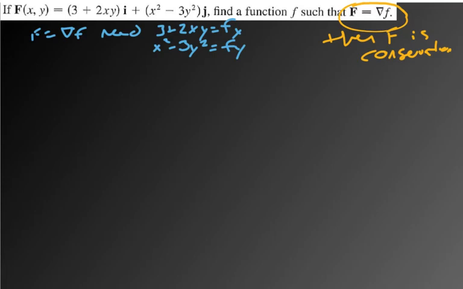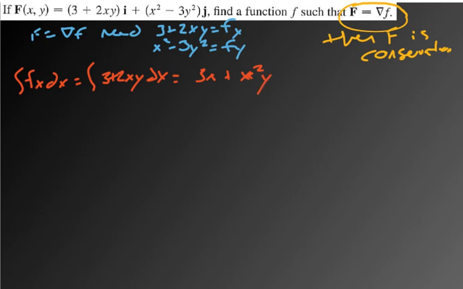So what we basically do first is we can take the integral of f with respect to x, dx. So we're going to take the integral of 3 plus 2xy with respect to x, right? And in that case, we're going to get 3x plus 2x squared over 2, so actually we'll kill that 2, and then we've got a y still.